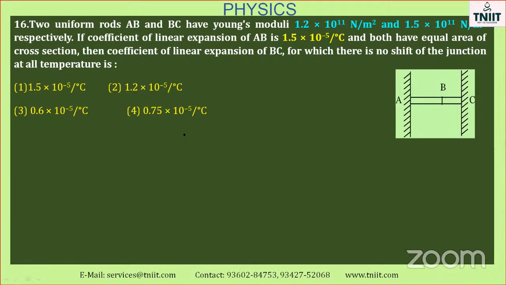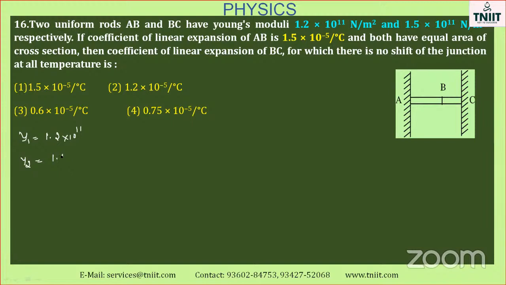Two uniform rods AB and BC have Young's moduli 1.2 into 10 power 11. What's the first Young's modulus? 1.2 into 10 power 11. What about the second modulus?